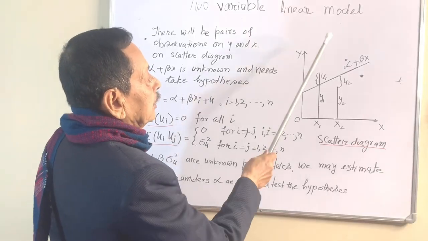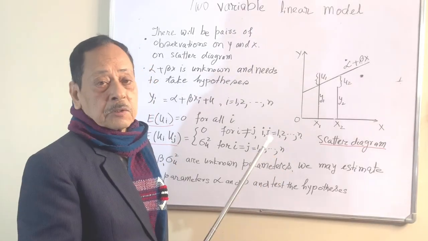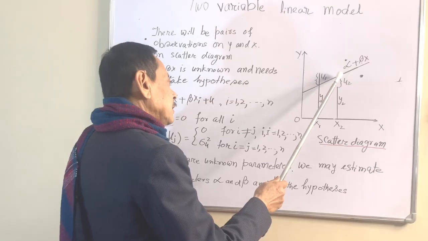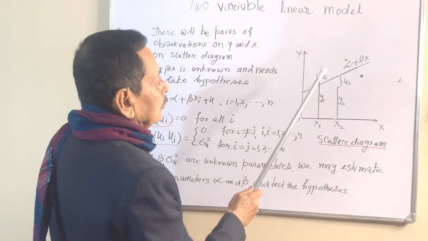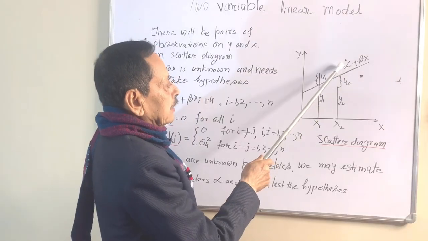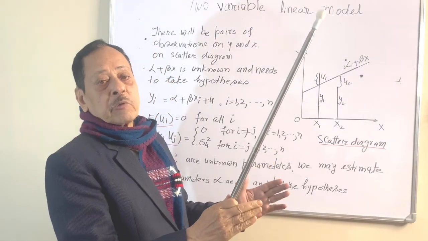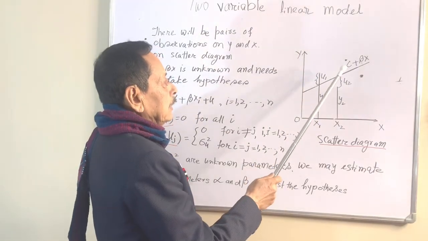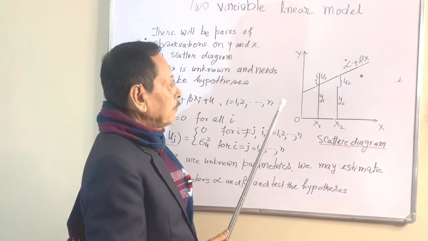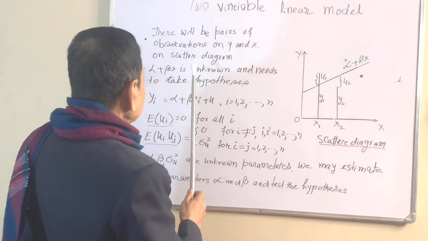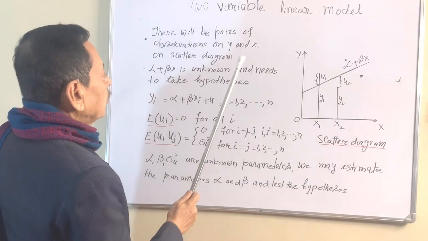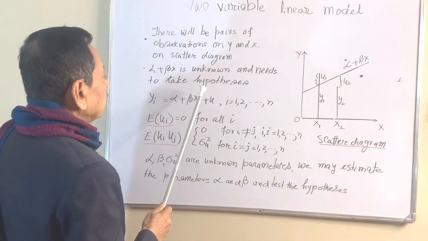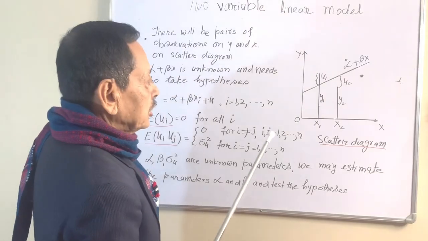It will be non-linear in a zigzag way. So say this is an average line, and the aim is to divide this scatter into two equal halves so that the error is minimum. Here alpha and beta are unknown and we need to take some hypothesis.